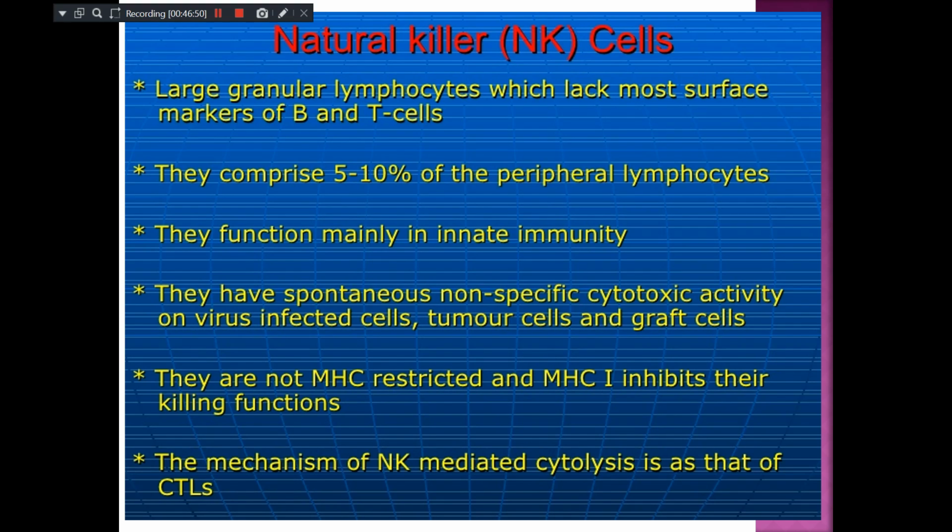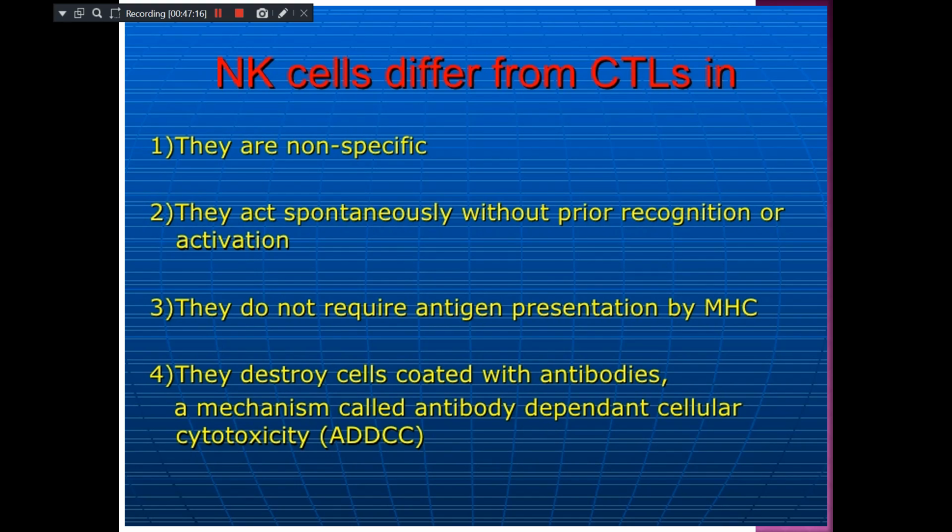They are not restricted by either MHC1 protein or MHC2 protein. But one thing is sure, MHC class 1 protein inhibits their killing functions. So these natural killer cells undertake cytolysis like the CTLs, cytotoxic T lymphocytes.